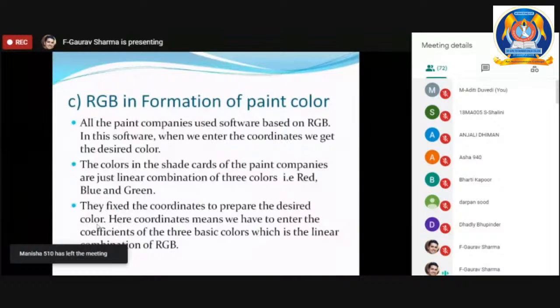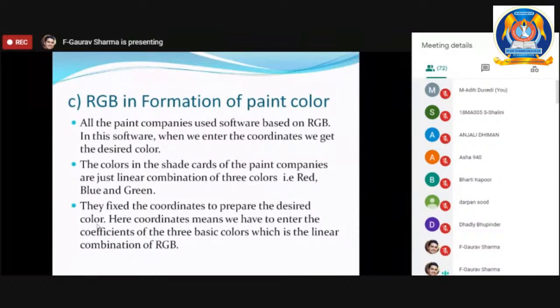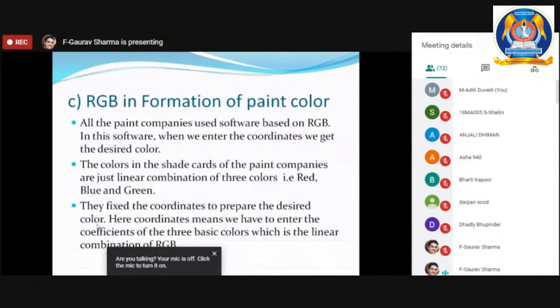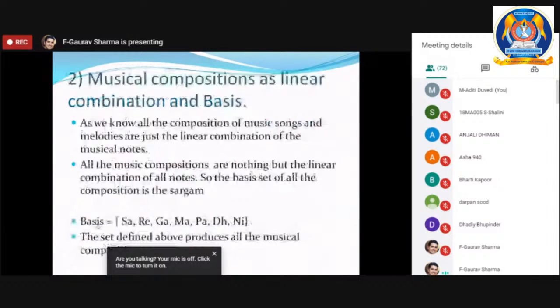If our scientists and mathematicians were not able to find the concept of this linear algebra, we would not be able to use such pictures. So it is a very important part, and let us move to the next application.